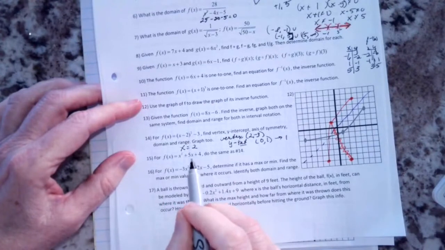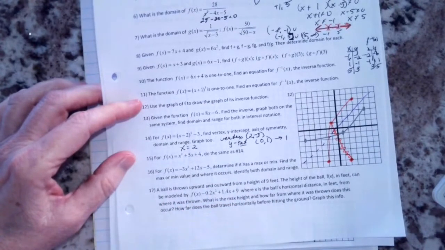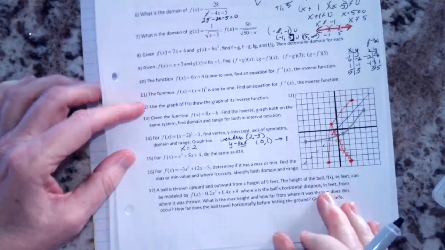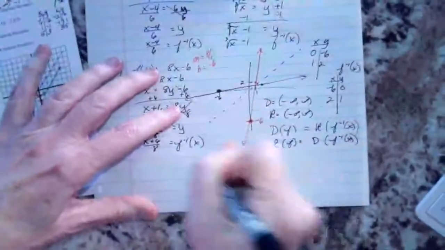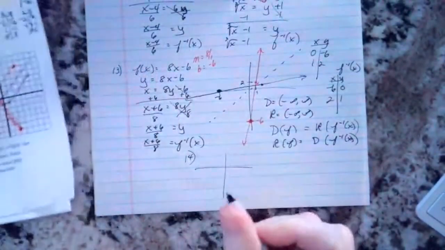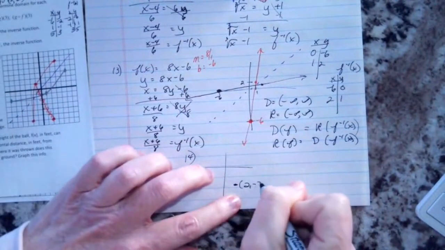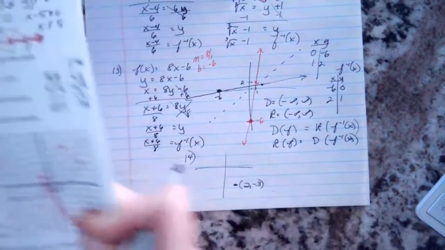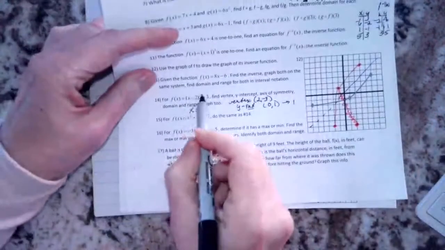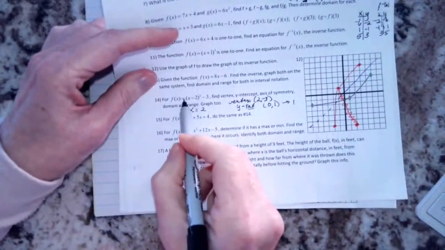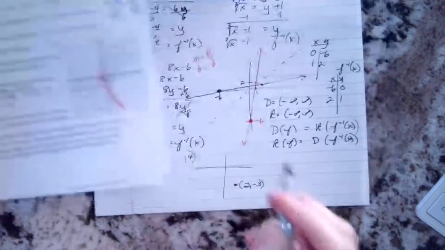The domain and range, let's look at that. Let's go ahead and graph that, sloppy graph that, and then we'll look at it. So number 14, the vertex is 2, -3. So down here somewhere, 2, -3. I know that this is a parabola because it's x squared. I know it will open up because there's no negative in front there.